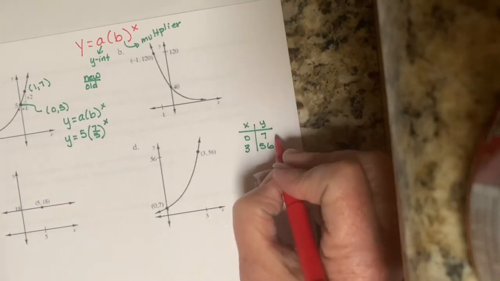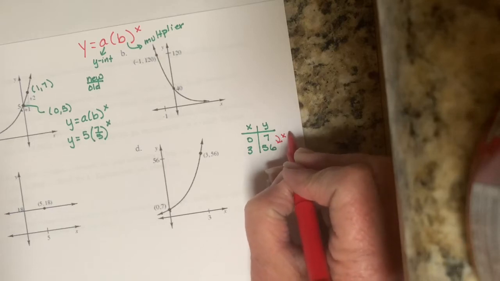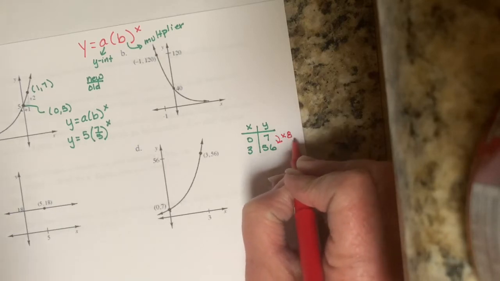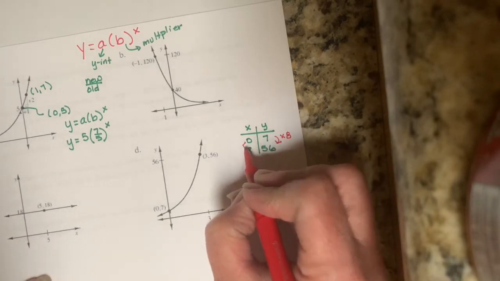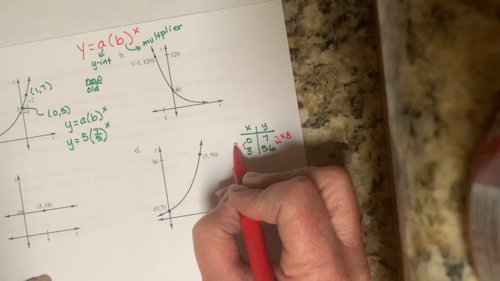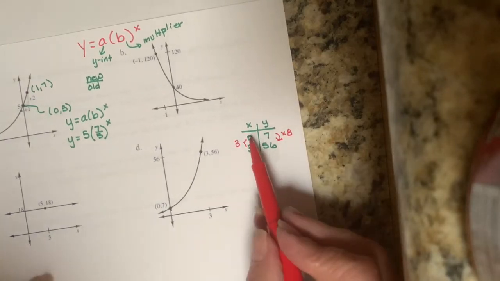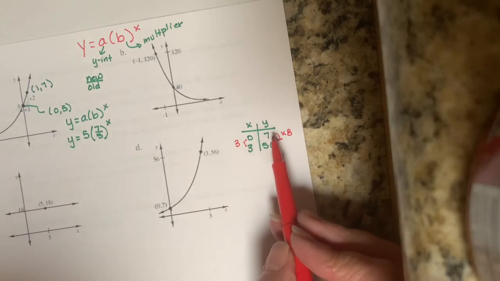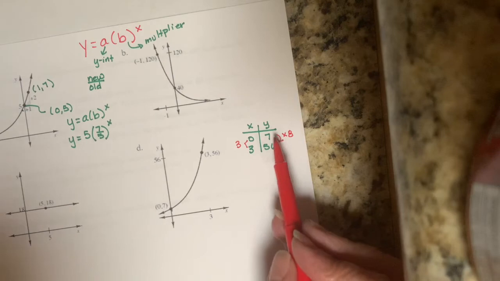What I have to think about is, what am I going to multiply 7 by to get 56? Well, 7 times 8 is 56. But notice that I actually have to use b 3 times. This is kind of like when you're figuring out the slope. If you have the next number, it's really easy because you just take how you go from one y to the next.